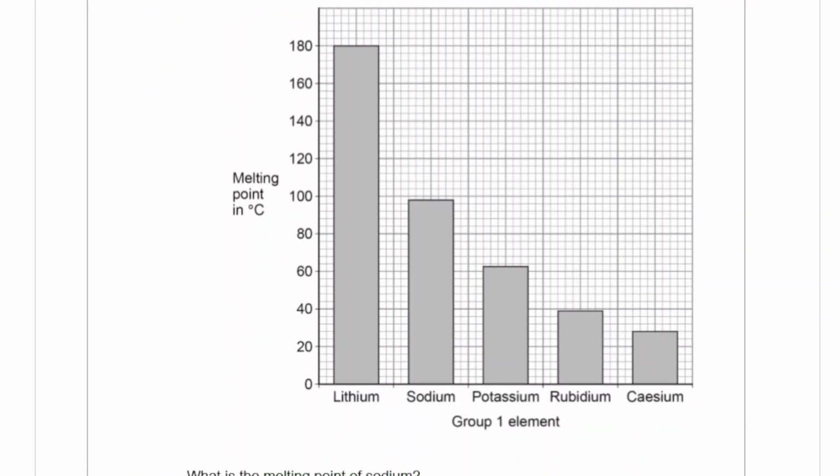I was looking at rubidium. So sodium is below 100, so you could say it is 99. Yeah, it is 99, but they will accept answers anything between 97 to 99.9.